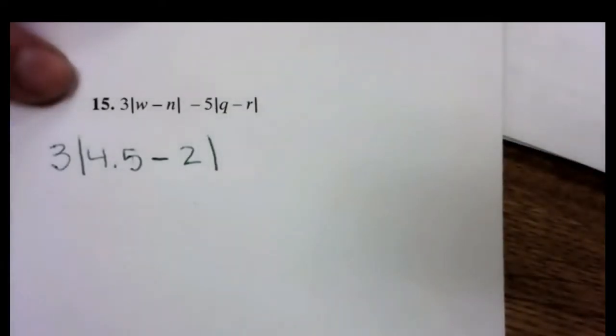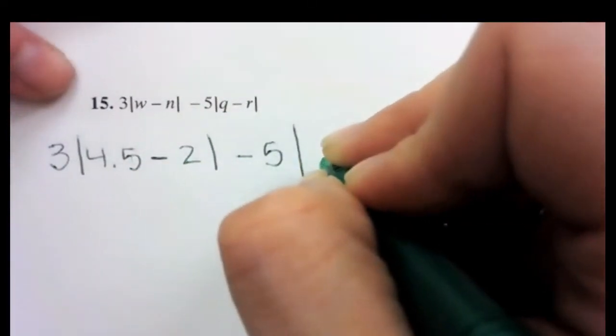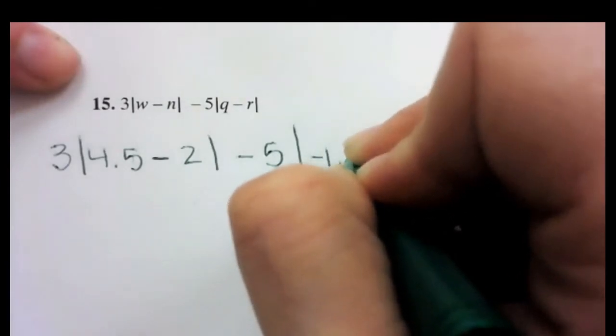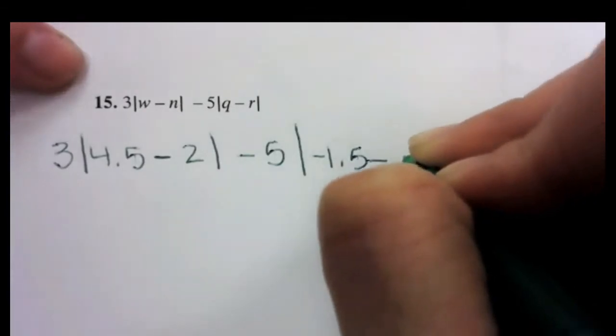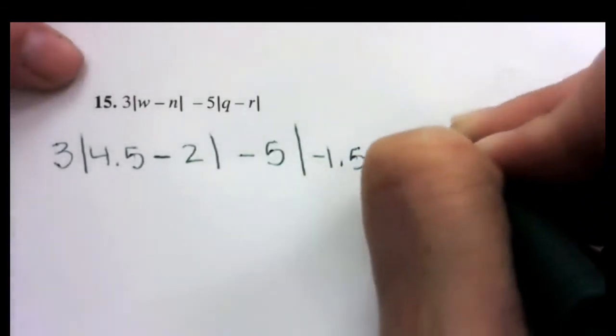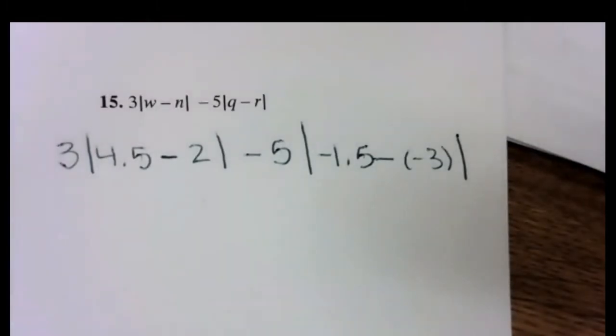Close your absolute value. Minus 5, absolute value, Q, which is negative 1.5, minus R, which is negative 3. Close your absolute value. So yes, there is a lot going on in this problem.